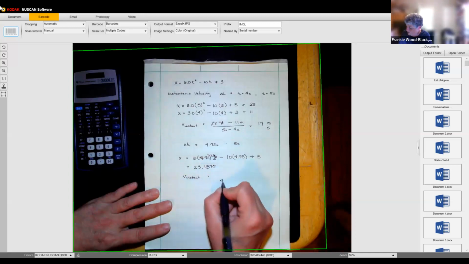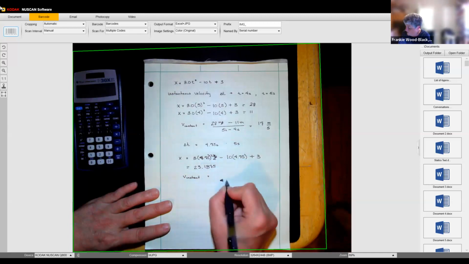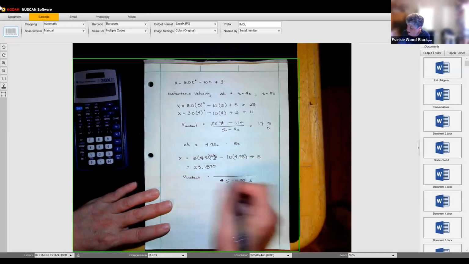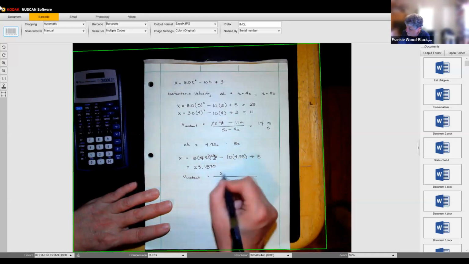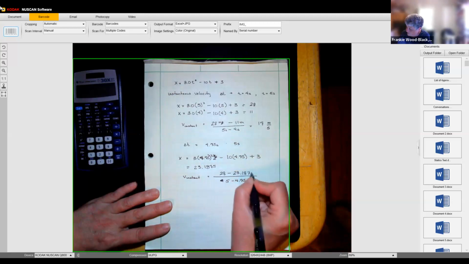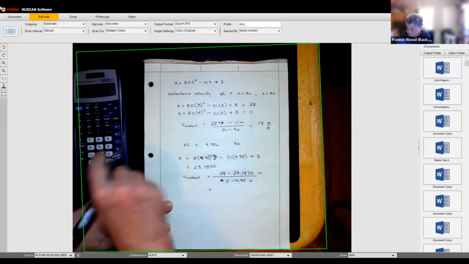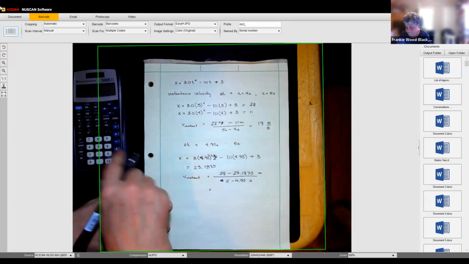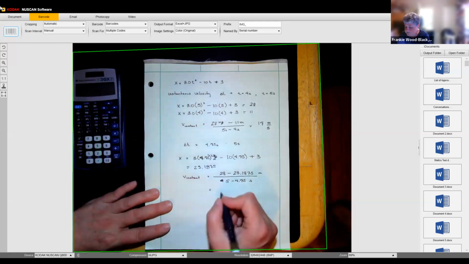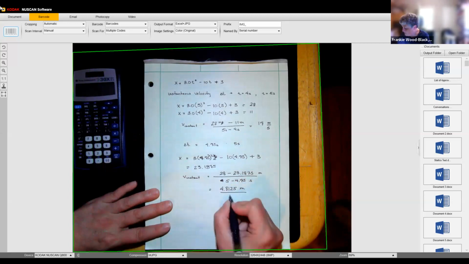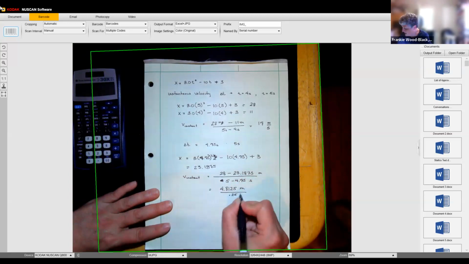So now if I do my instantaneous velocity, this is 5 minus 4.75 seconds, and I have 28 minus 23.1875 meters. And I'm going to end up with 4.8125 meters divided by 0.25 seconds.